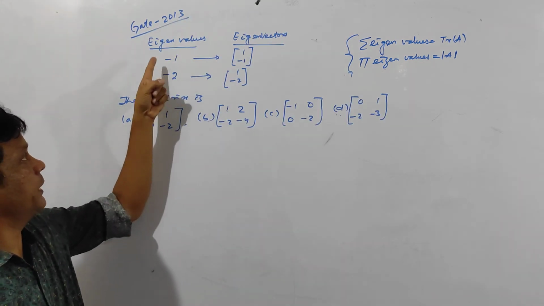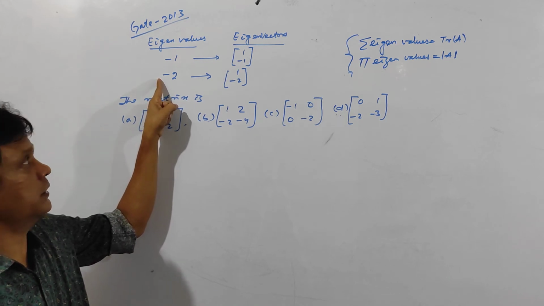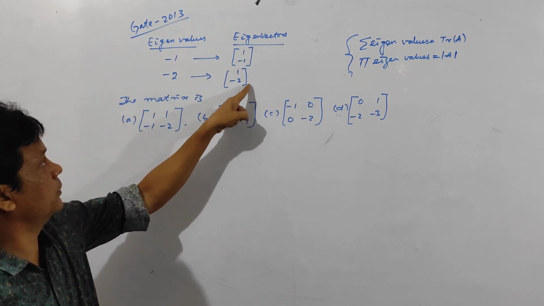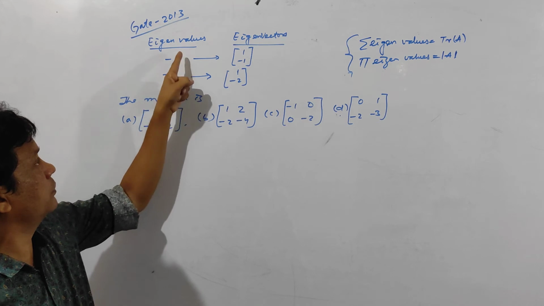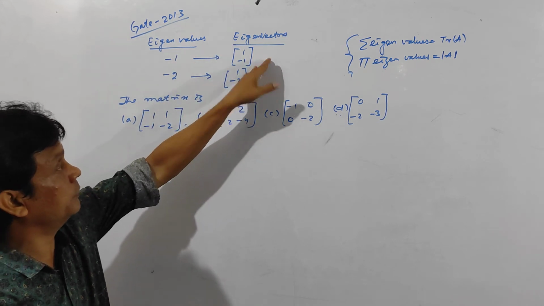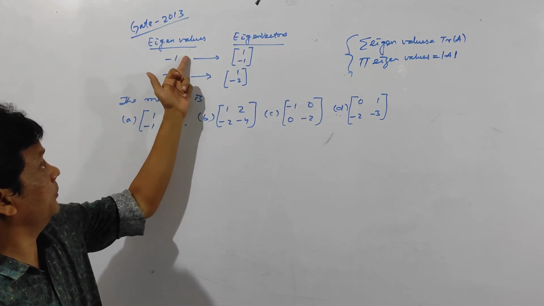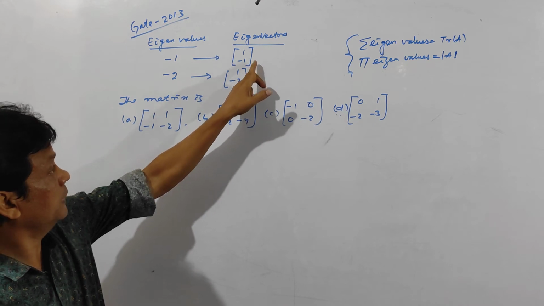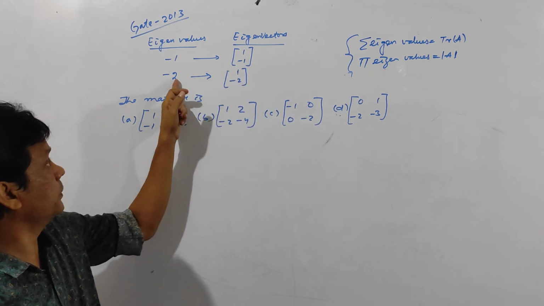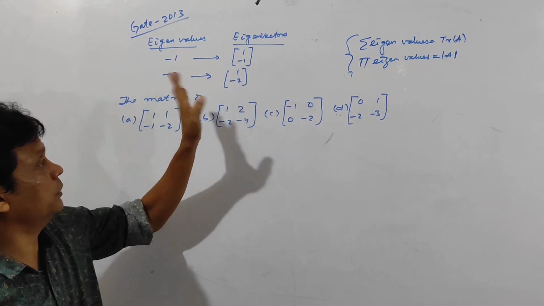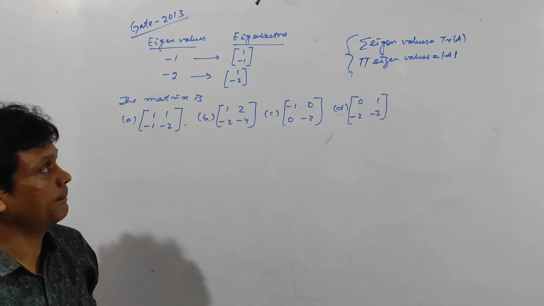See, very important question. The eigenvalues of a 2 by 2 matrix are given, and the corresponding eigenvectors are also given. The eigenvector of the matrix corresponding to the eigenvalue minus 1 is this one, and the eigenvector corresponding to the eigenvalue minus 2 is this one, and you want to find the matrix.